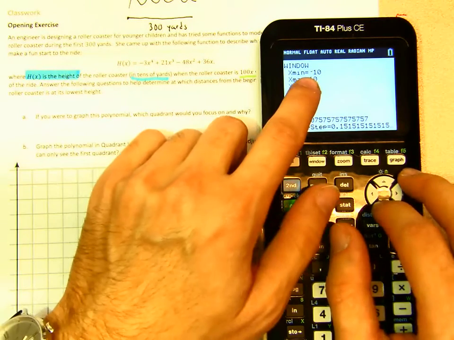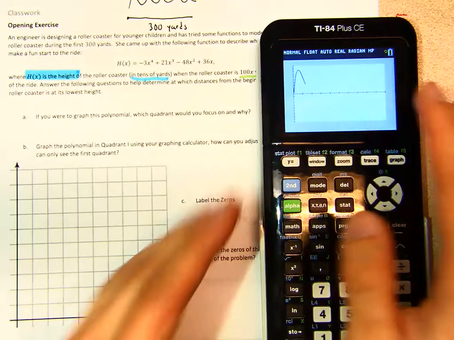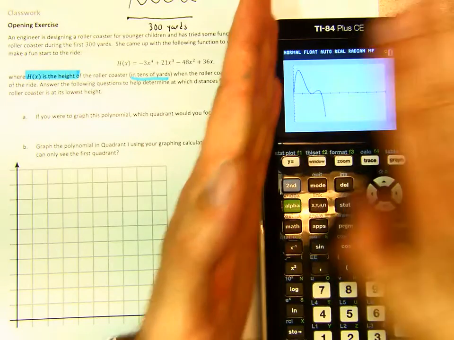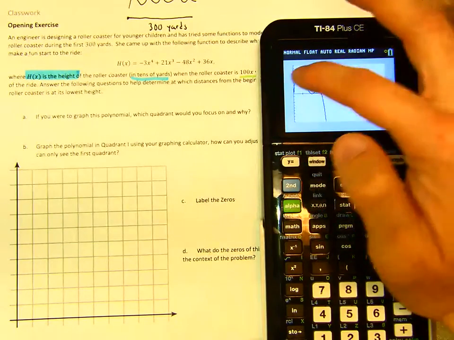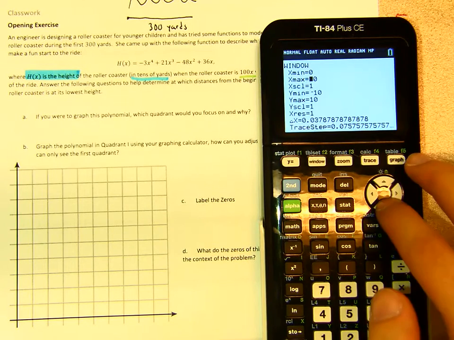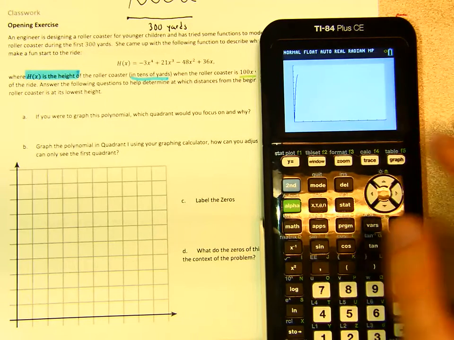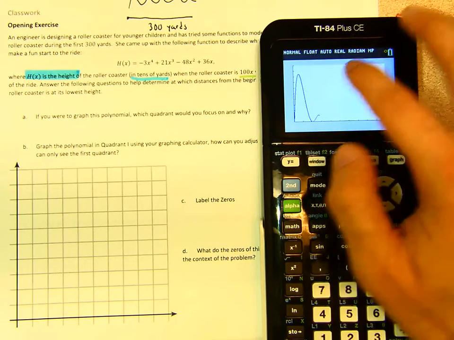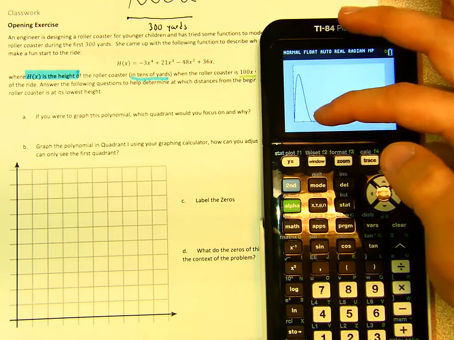If I have x min as 0, notice what happens to my graph. It only shows me the right side, right? And if I only want to see this top area, let's go to window and put y min at 0. Now we hit graph, and notice that we're only focused on this quadrant here. So this is a roller coaster. It goes up, then down, then up, then down.